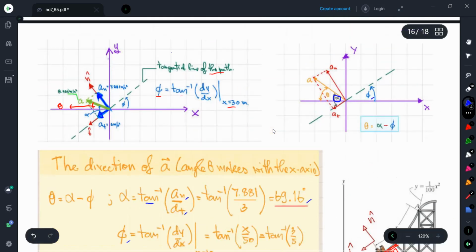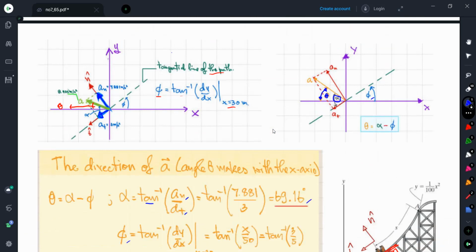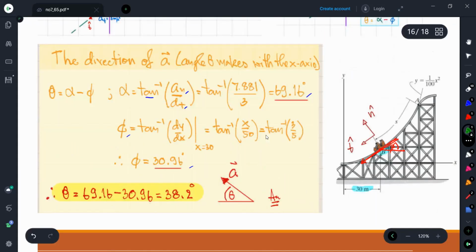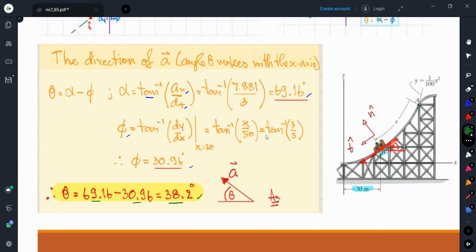For theta, this angle is equal to alpha minus phi. After we determine alpha and phi, we obtain theta here. Okay, let's complete this problem.